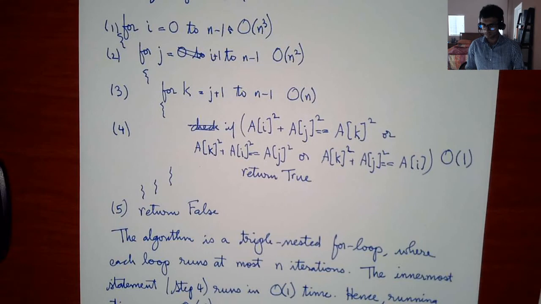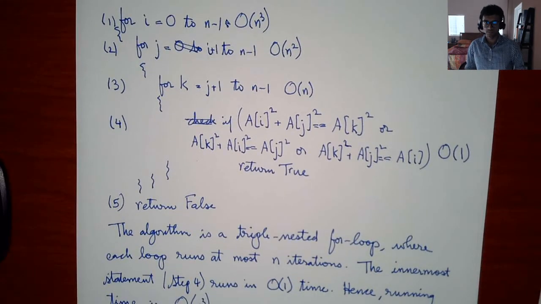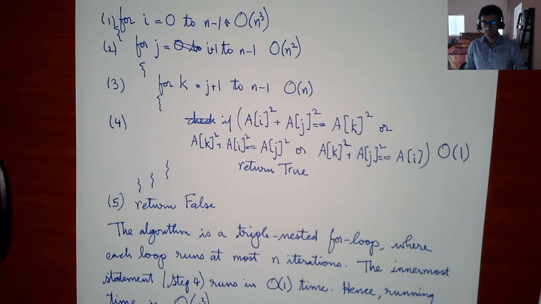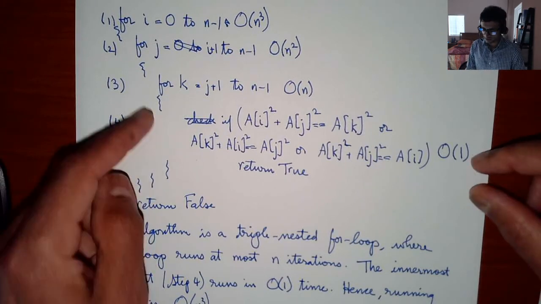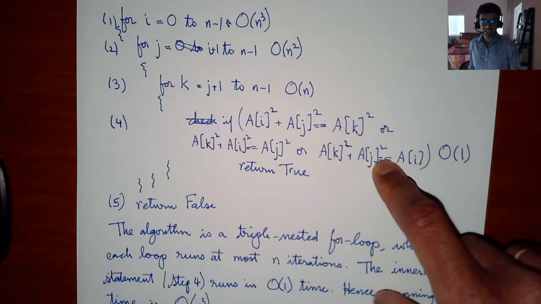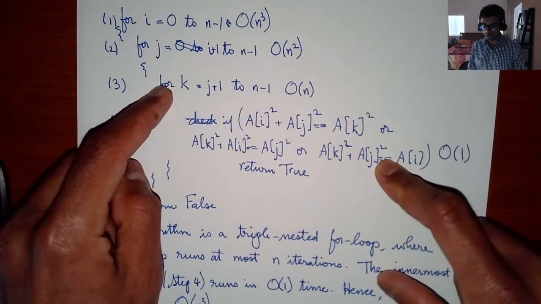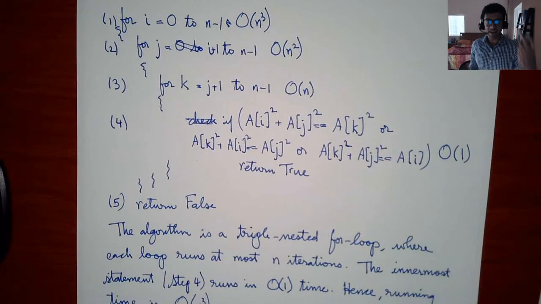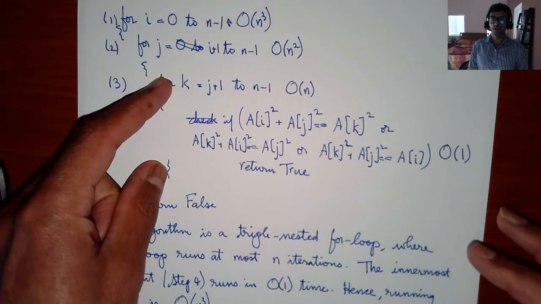So if I understand this correctly, you're multiplying the runtime of step 4 with the other ones. Exactly. This line by itself runs in O of 1, but this for loop is running this line n times, so this for loop is going to take a total of O of n.